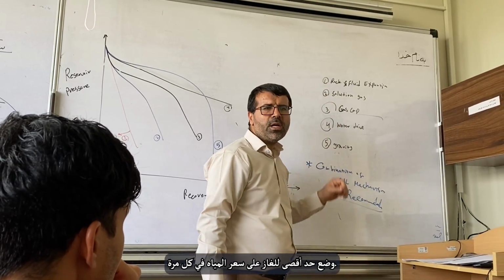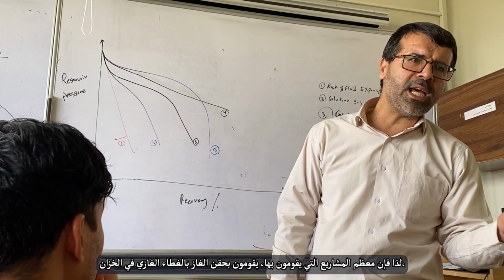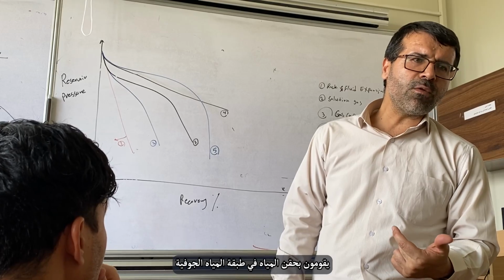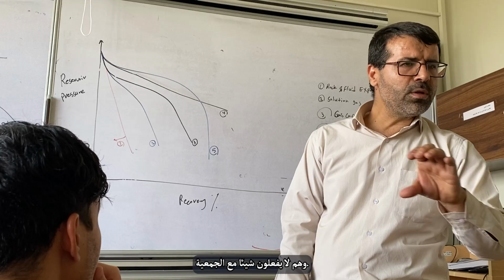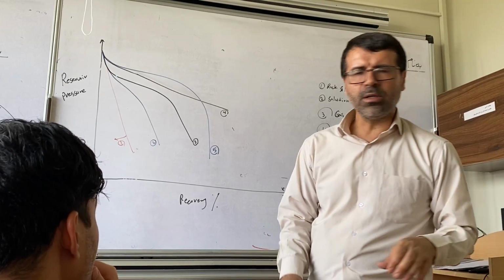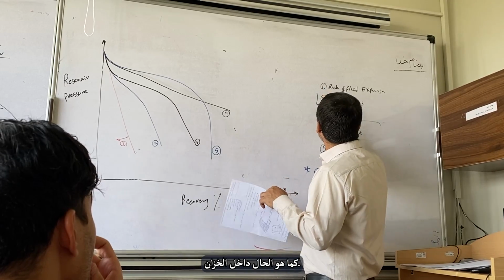Gas cap and water drive I recommend. So most of the projects that they do, they inject the gas to the gas cap and they inject the water to the aquifer, and they don't do anything with the reservoir itself. Here, this is inside the reservoir.